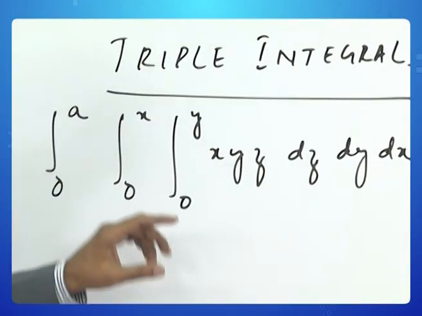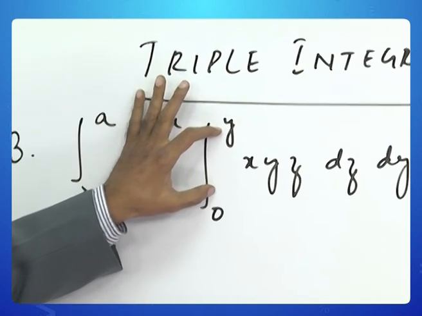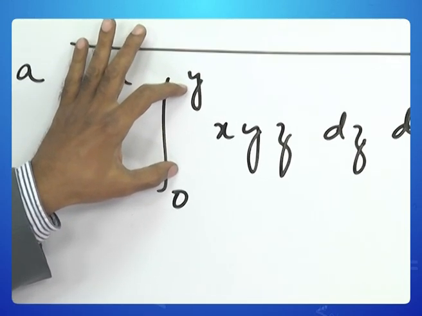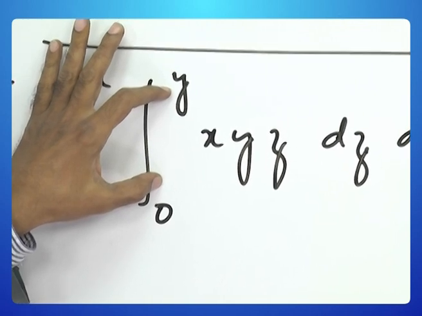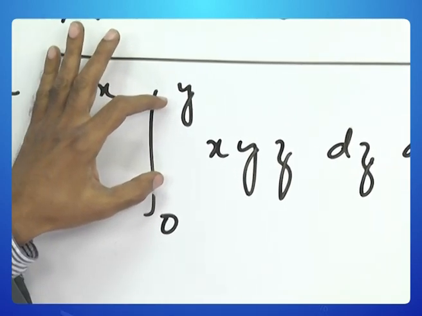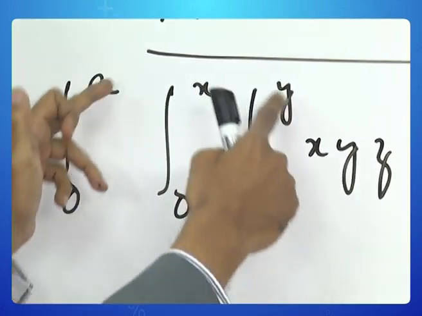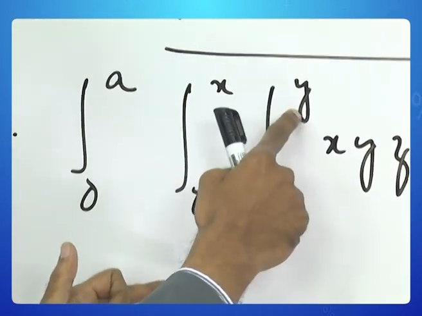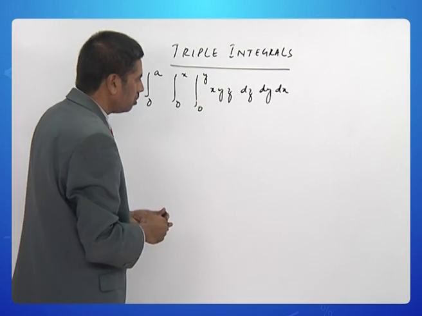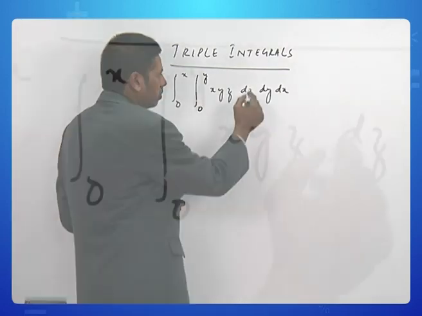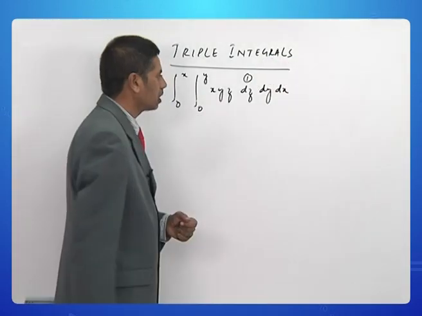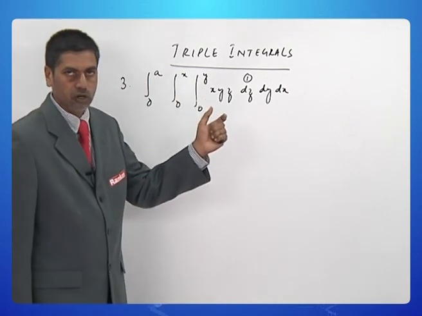The innermost integral carries y, so the student has to decide whether it is dx or dz first. When he cannot decide on the basis of this, he must take the combined information from these two integrals. He will find x and y are involved. Therefore, the dz integration will become the first integration. That is how the conflict is resolved.